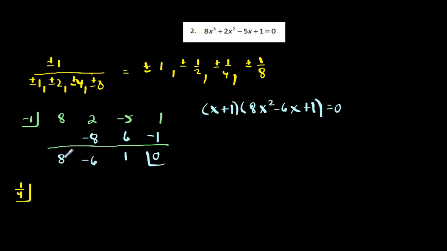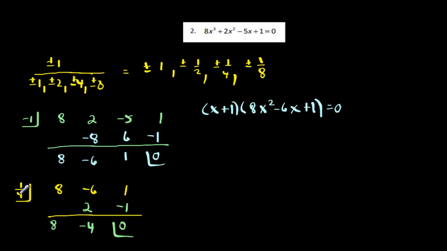And we're going to use that with the 8, negative 6, 1. So bring the 8 down. 1/4 times 8 is 2. Add down. 1/4 times negative 4 is negative 1. Add down, and we have 0.